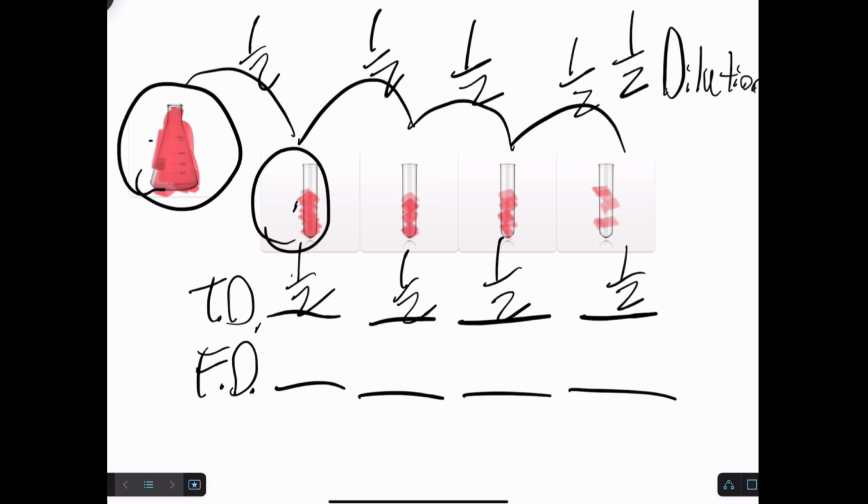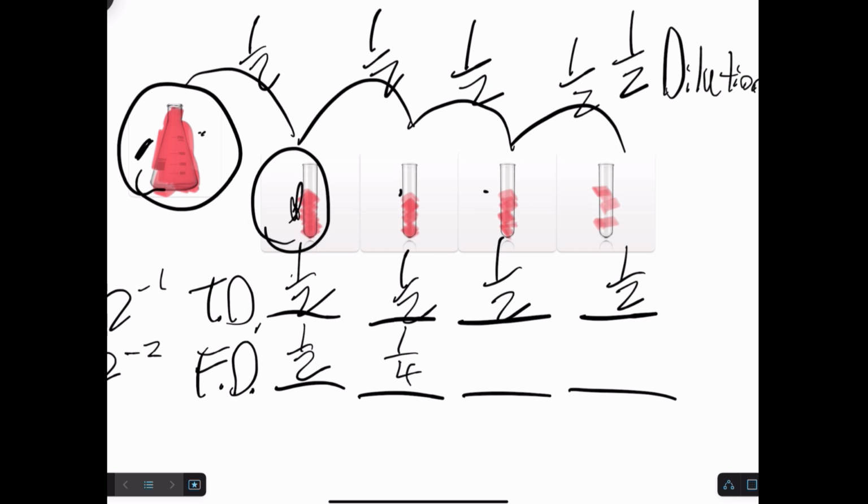For this beaker, we want to take half of the concentration and put it into this one. So what would that be? 1/2, or 2 to the -1. For this one, we want to take half of our original concentration, which is 2 to the -2, or 1/4.